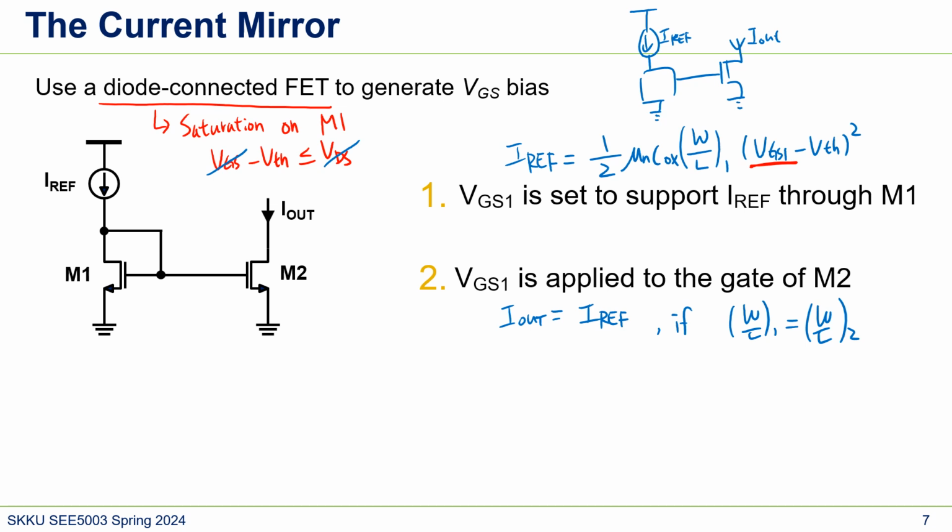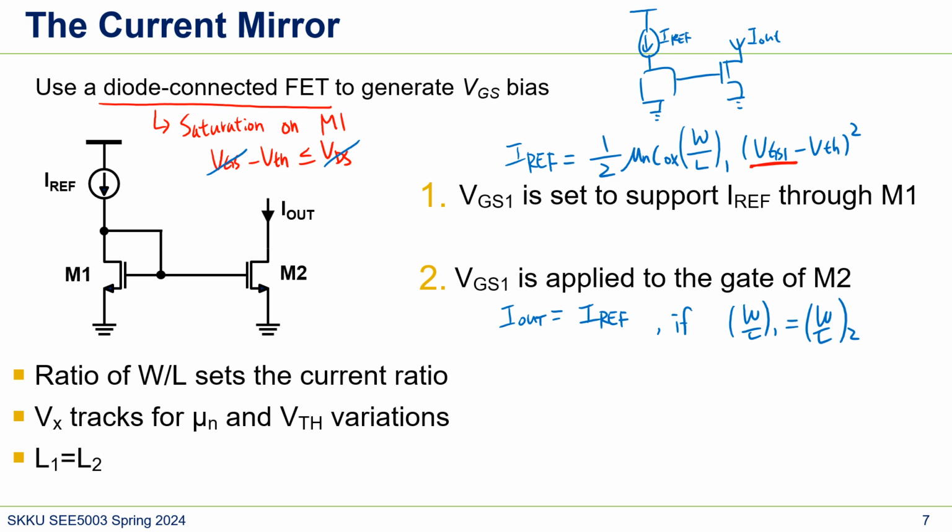So there are a few things that we can think about. First, the ratio of W/L sets the current ratio. So M1 is 1/2 mu n Cox W/L1 and VGS1 minus VTH square, right?